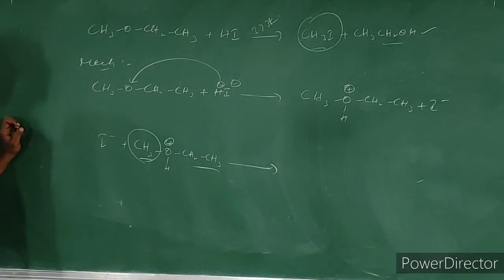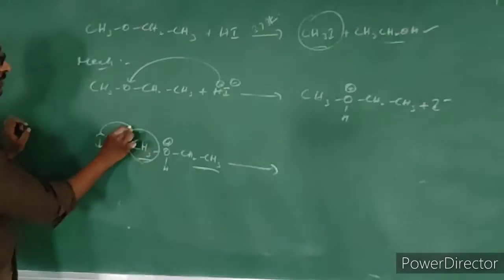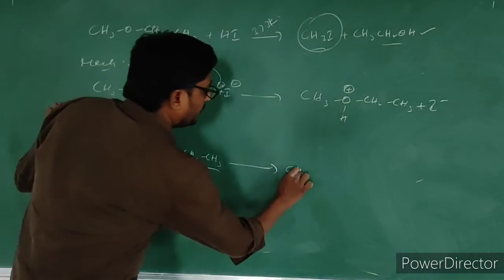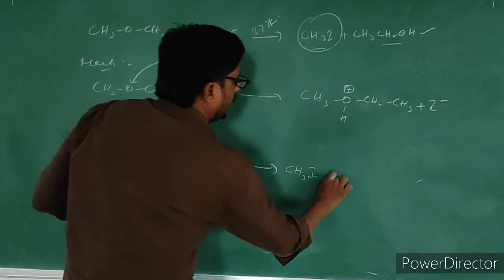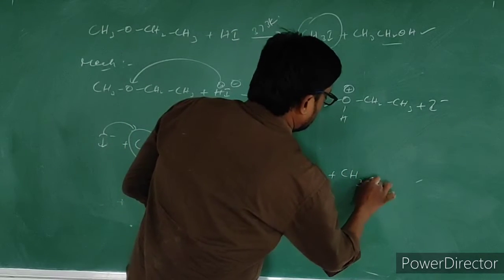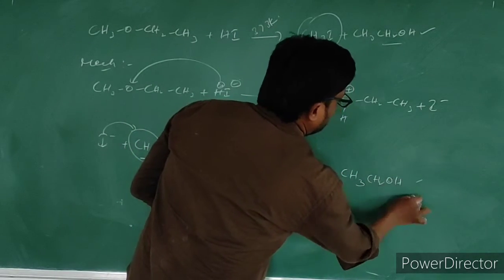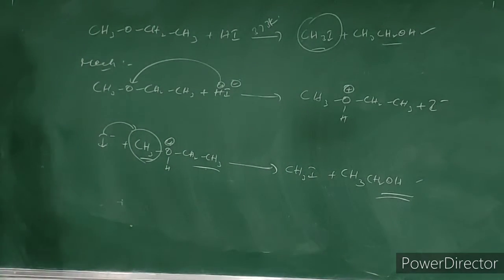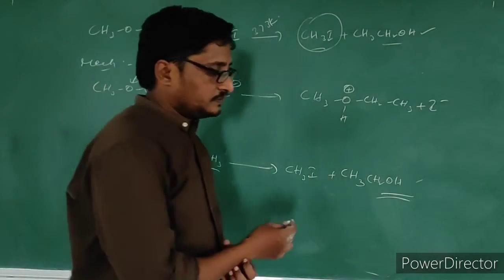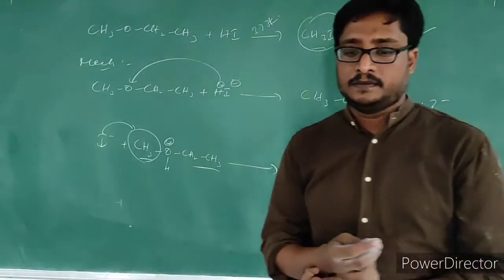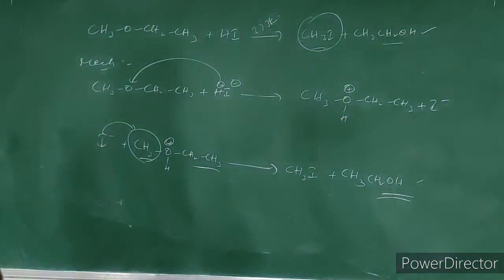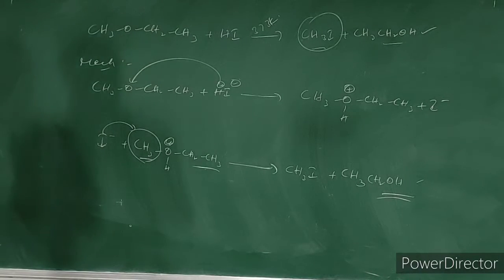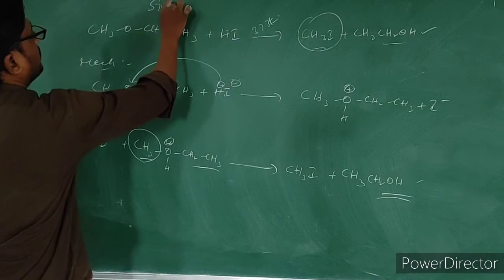Since it is sterically less hindered, I minus will go and attack this methyl to form methyl iodide as the product. Along with this, ethanol will also be produced. So this is about unsymmetrical ethers. These reactions take place by the SN2 mechanism.